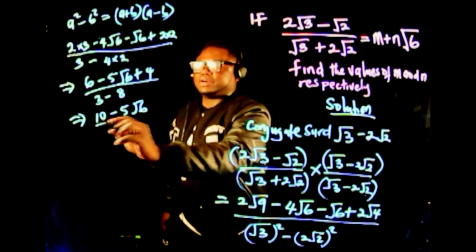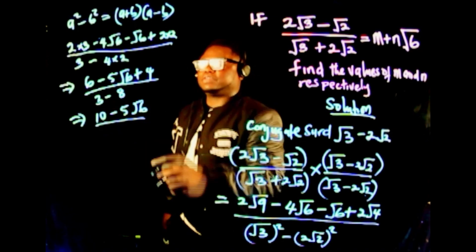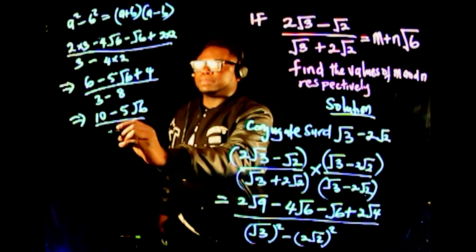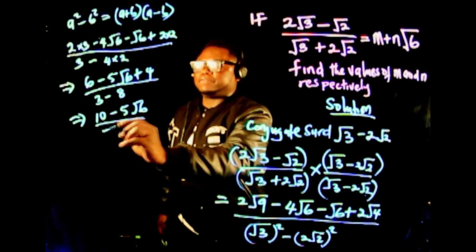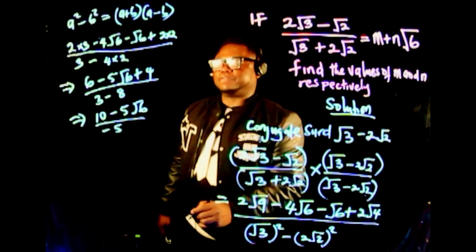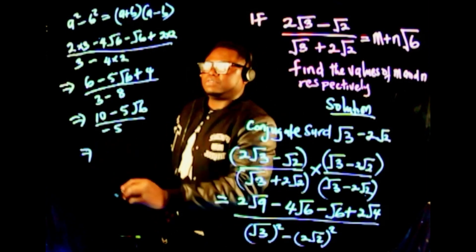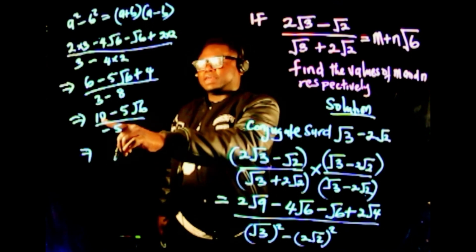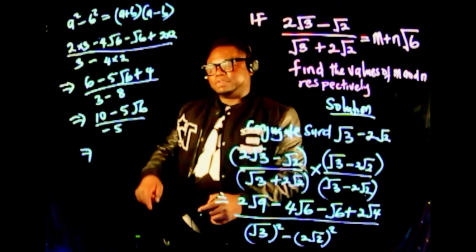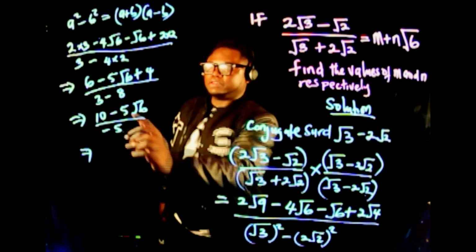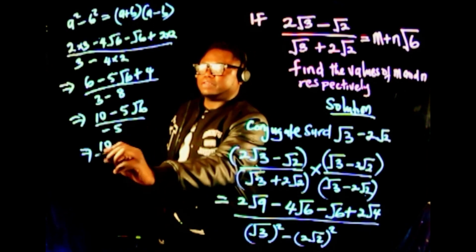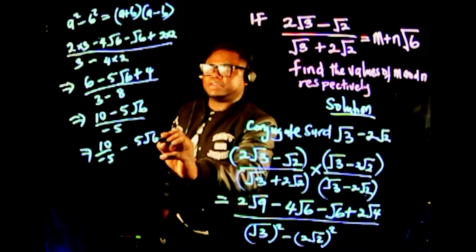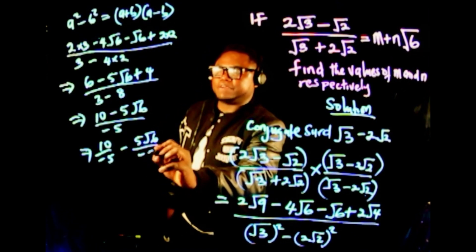Now divided by 3 minus 8, which is actually minus 5. So I'm going to divide 10 and minus 5 root 6 by minus 5. This is the same thing as 10 divided by minus 5, minus 5 root 6 divided by minus 5.